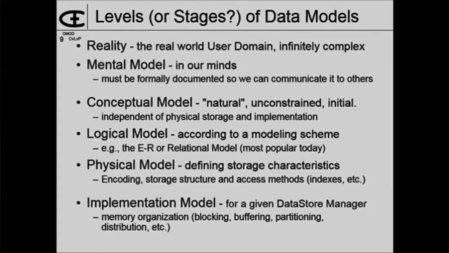Call it a conceptual model, as the industry does. In my 1986 textbook, I called it the natural unconstrained, or the initial model, independent of any physical storage or implementation. Logical modeling according to some modeling scheme.